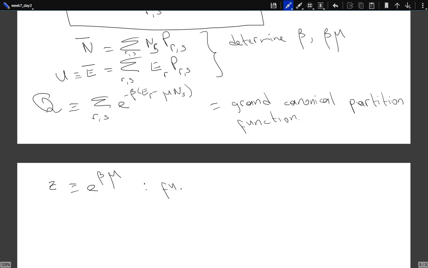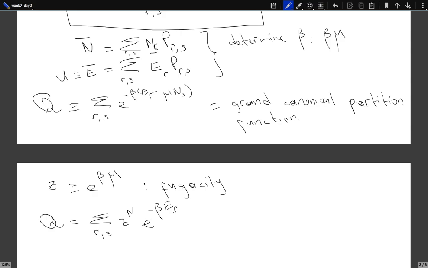This is called the fugacity. But mu is kind of an unknown that needs to be determined. Instead of mu, you can just use Z as your unknown. Now, in terms of this parameter, the grand canonical partition function Q is the sum of Z to the power N times e to the power minus beta ER. And keep in mind that we are here summing over all possible microstates with all possible number of particles and all possible energies.